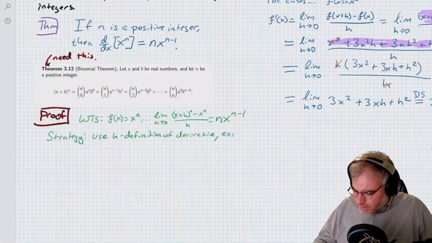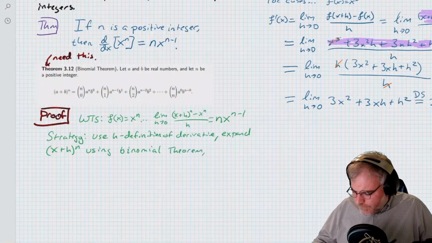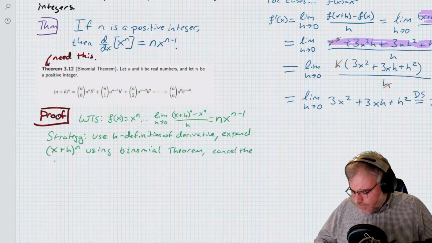Expand x plus h to the n using the binomial theorem, which I cannot spell. Cancel the x to the n's. Factor out the h from everything else.